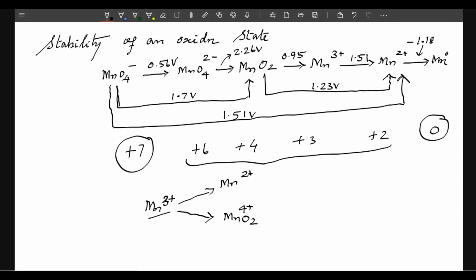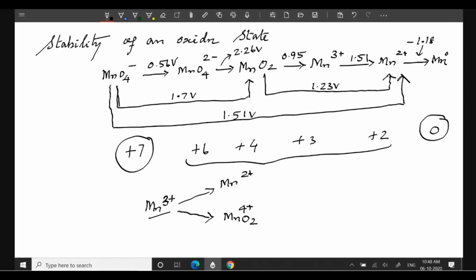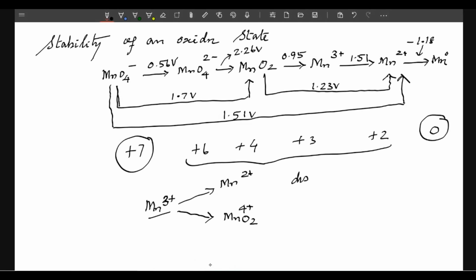In inorganic chemistry, when the same oxidation state undergoes oxidation to a higher oxidation state and also undergoes reduction to a lower oxidation state, this reaction is called a disproportionation reaction.